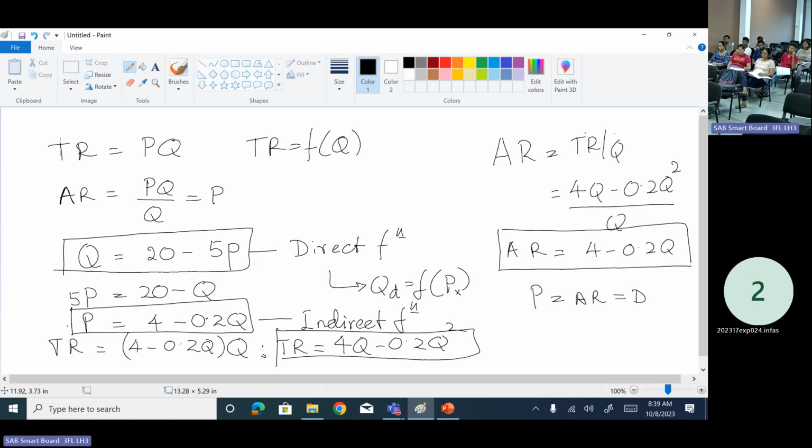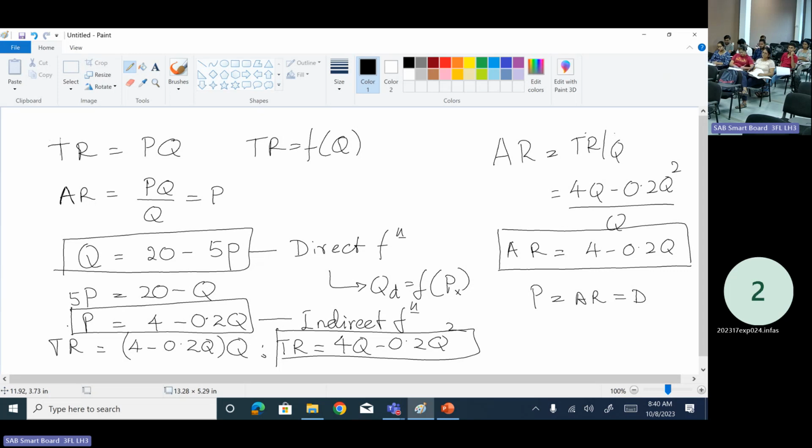In the short term, the market determines the price according to market forces. The firm accepts the price, because a single firm cannot influence the price. So the nature of a single firm's demand curve is a perfectly elastic demand curve.